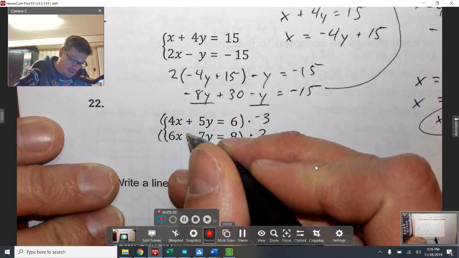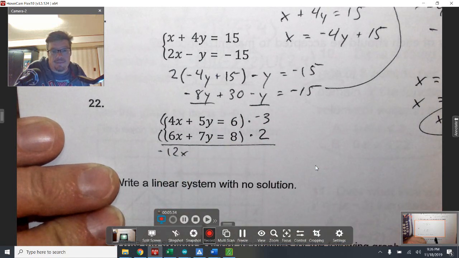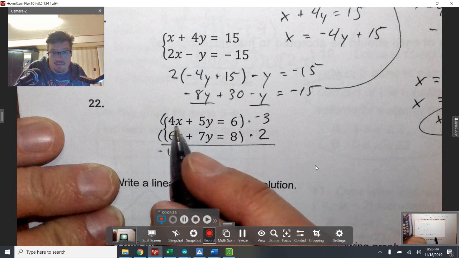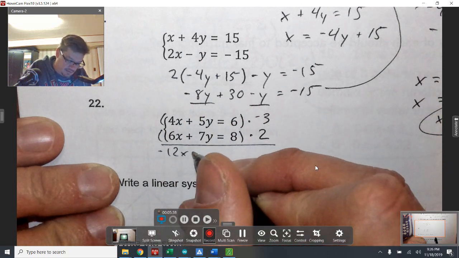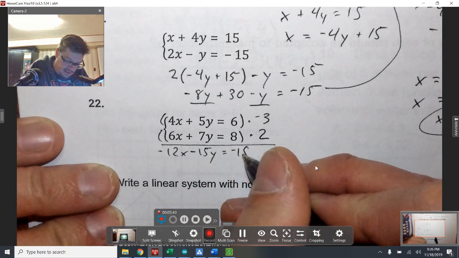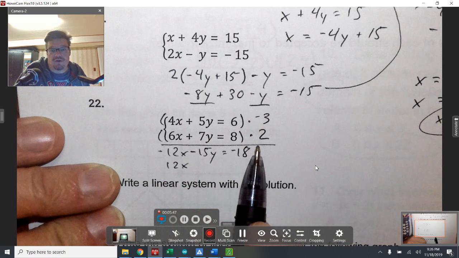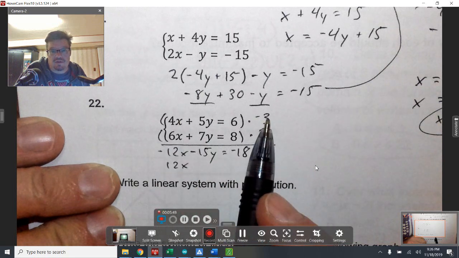So let me check. Let me draw a bar here, negative 12x. Then move across, negative 15, then negative 18. Then 2 times 6 is 12x. Now some of you forgot to distribute this to all of them.